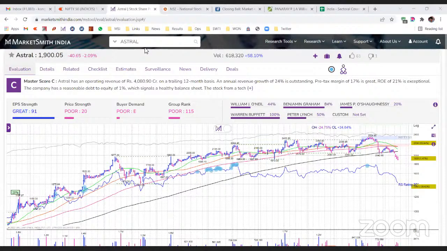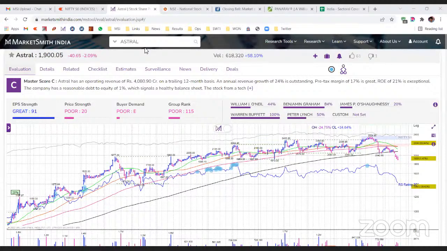Even while the industry degrew by around 4.5% in the 9M, Astral grew at a faster pace than the industry, and they're seeing good growth in the housing demand, and the inventory with the retail developers is also falling, which is likely to benefit across company segments.